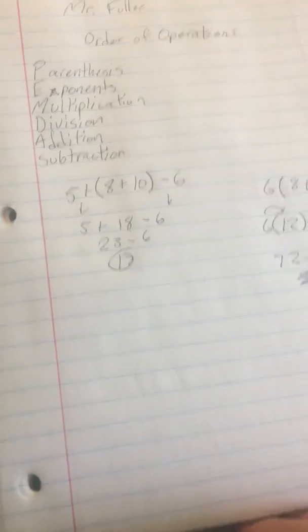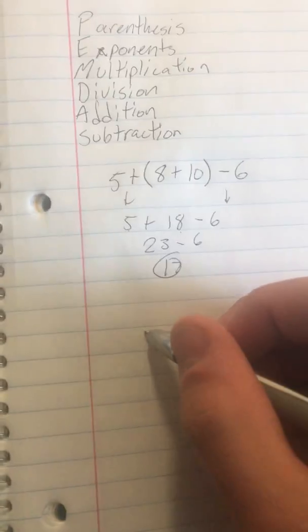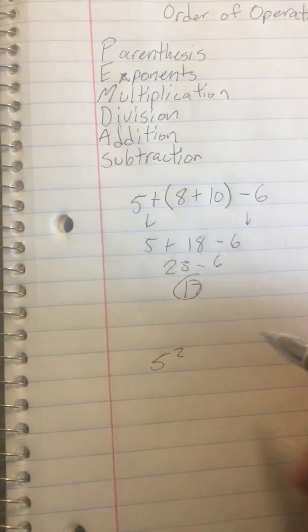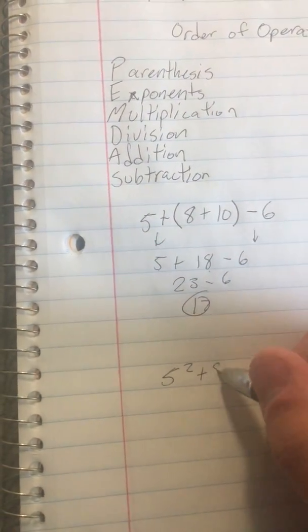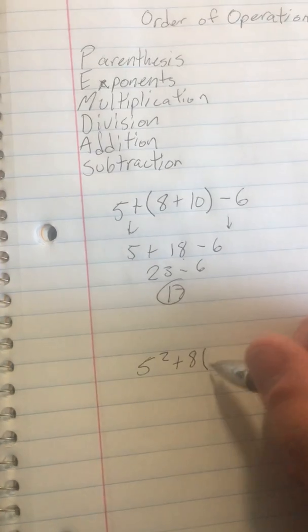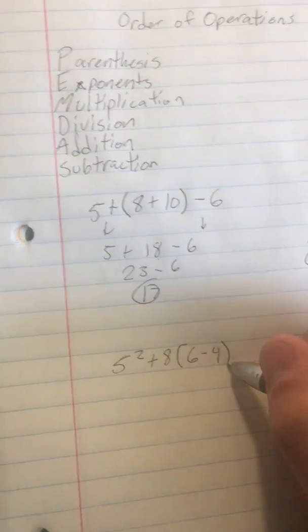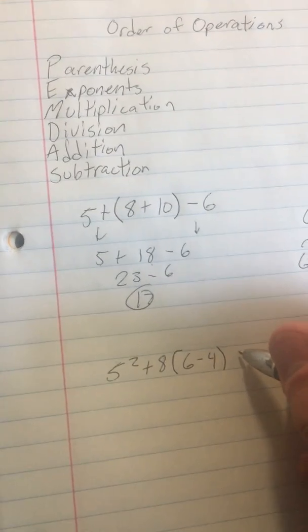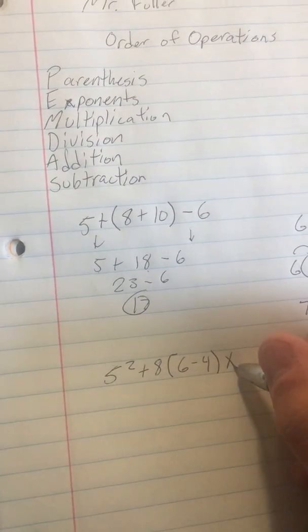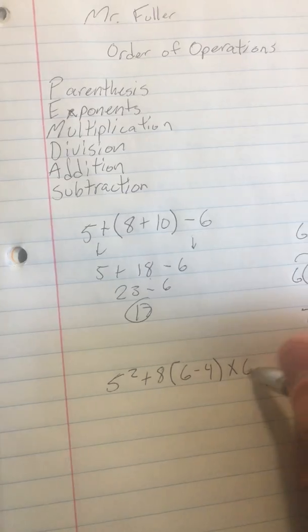Okay? So now, let's do maybe a little tougher one, huh? Let's go 5 squared plus 8 parenthesis 6 minus 4 parenthesis times 6.